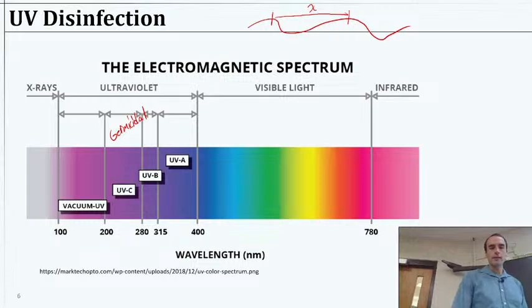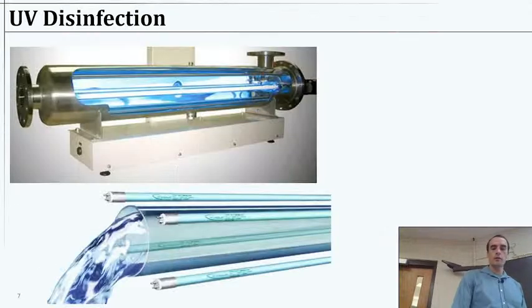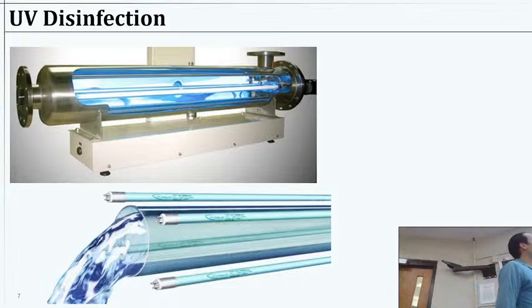Okay, so that's the kind of stuff we want to use in our disinfection. So the standard or conventional practice for many years has been using essentially mercury fluorescent lamps. It turns out they're very similar to the fluorescent lamps we have here.